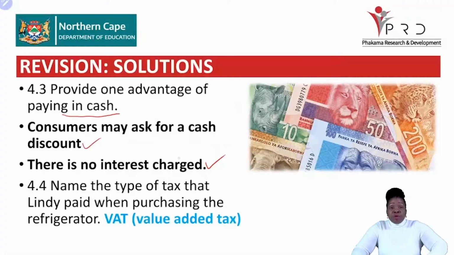Then we go to 4.4, which says, name the type of tax that Lindy paid when purchasing the refrigerator. Our answer is VAT. That is the type of tax that she paid. Again, we have discussed value-added tax in our previous revision lesson. We said value-added tax is an indirect tax that is levied on goods and services.